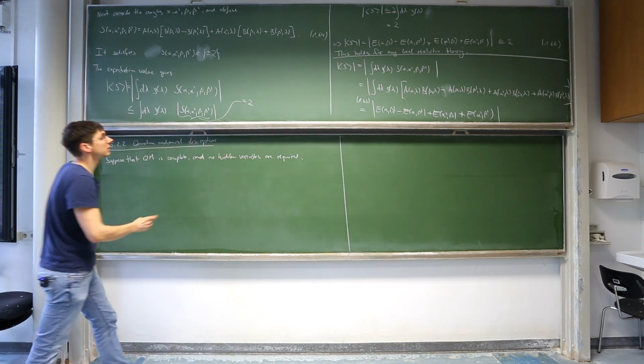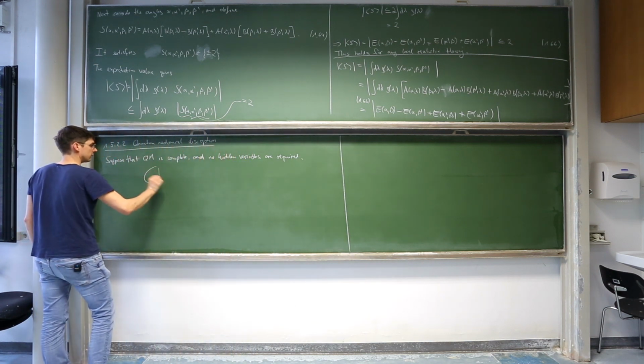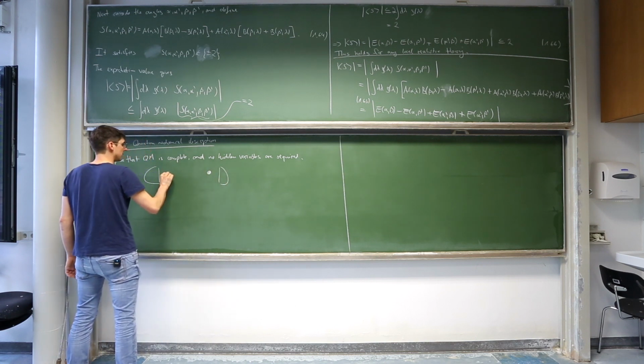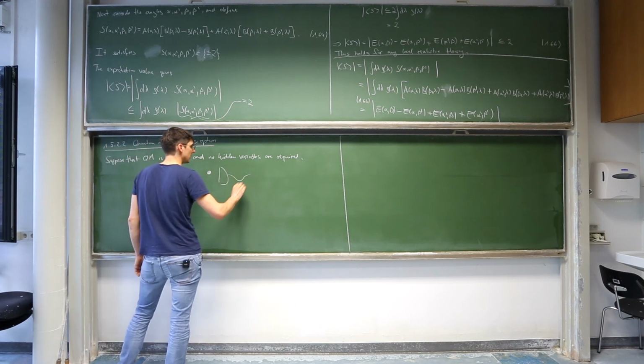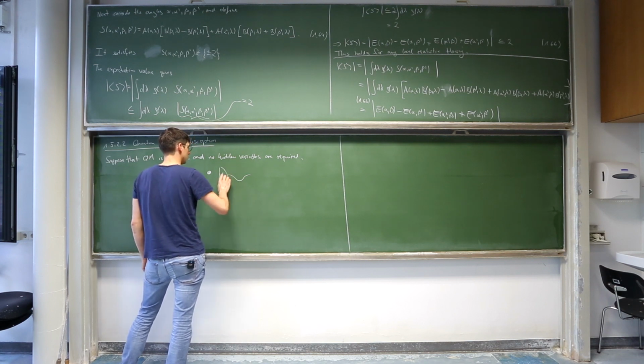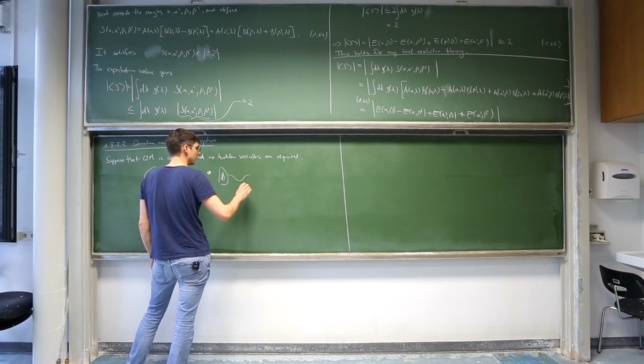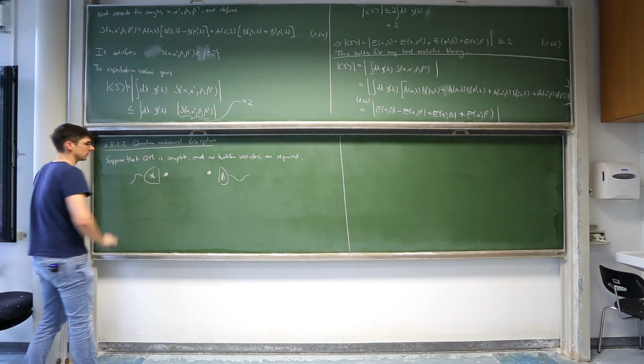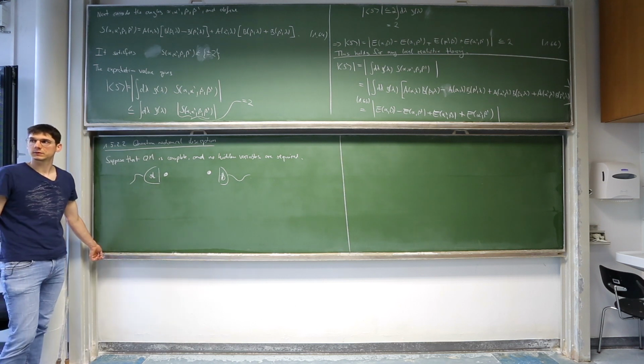So the setting is as before. We have a detector here, a detector here, and our entangled particles. Detector B gives the outcome plus or minus 1, and detector A also gives outcome plus or minus 1.